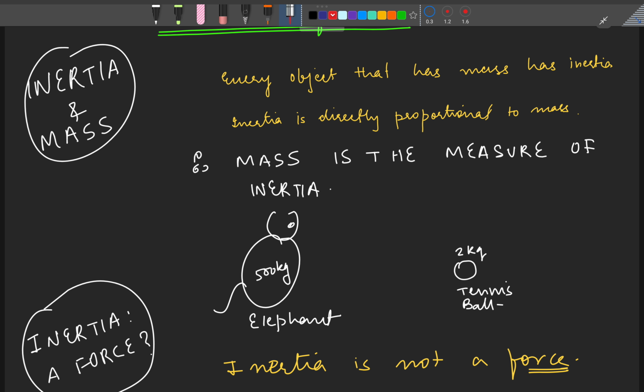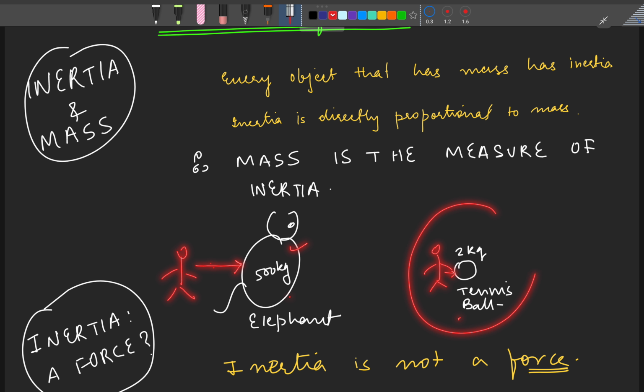But tell me, if you are standing here and you want to apply the same amount of force to push this elephant to bring it into motion and to push this ball to bring it into motion, for which of these will you require more force? Think and tell me.